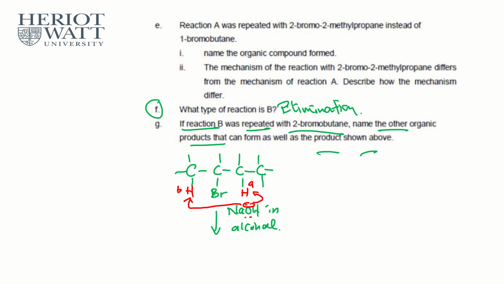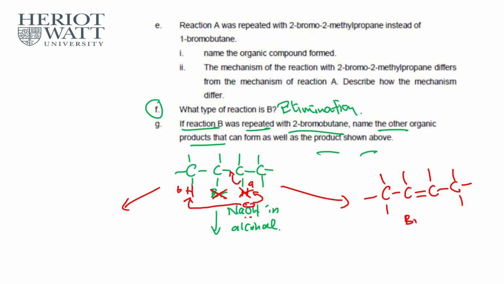If you attack hydrogen A, you will get one product. If you attack hydrogen B, you will get another alkene. So let's draw it out, then you can see the difference. If I'm removing the hydrogen from A and the Br as well, of course, the double bond will be here in between. So it is 4 carbons, the double bond in between them, and the rest remain the same.